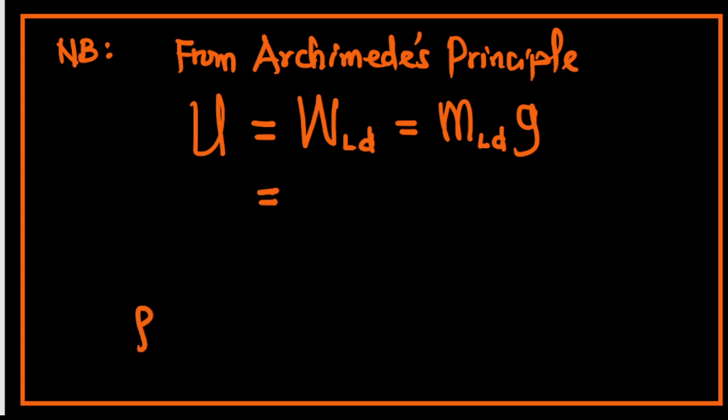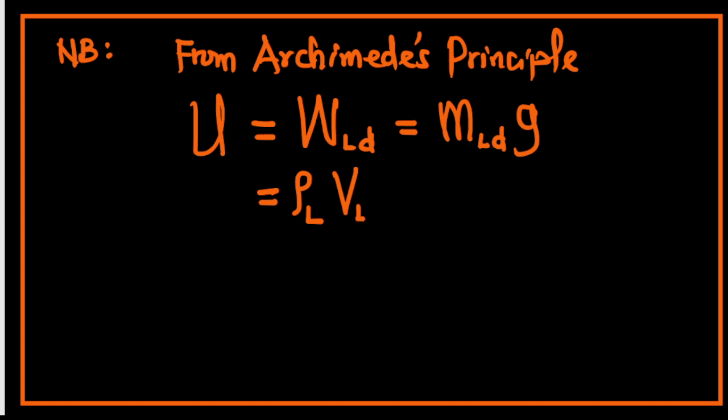We can still break it down further. Recall that density is mass over volume. From here, when you cross multiply, mass is going to be density times volume. So this mass of liquid displaced can be replaced with density of the liquid times the volume.